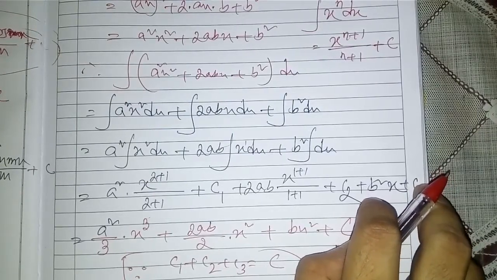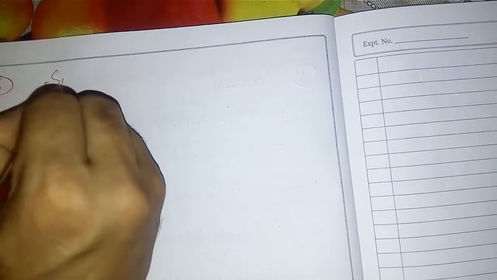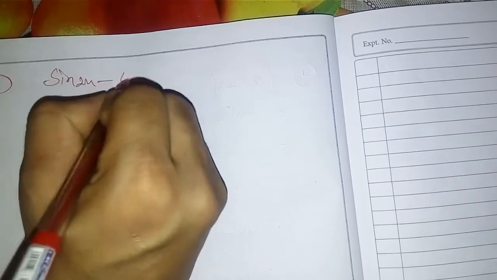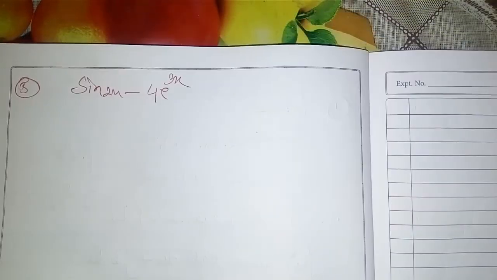Now question number 5: sine 2x minus 4 e to the power 3x. This one is also easy.